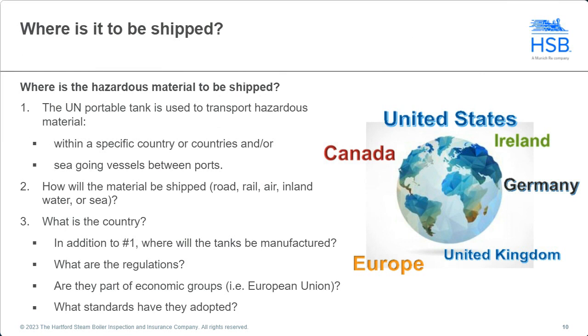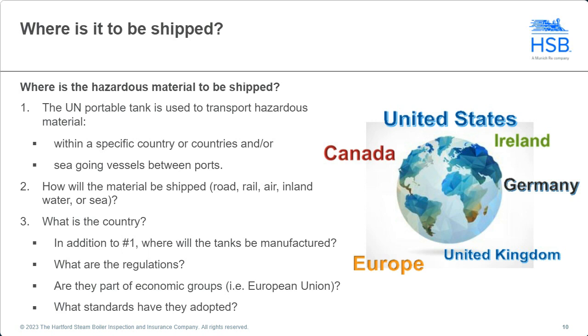Where is it to be shipped? Bullet one: what is the country that we're going to be transporting the material in? For the sake of this presentation, we're using 49 CFR as our example for the country we're going to be using it in. Is it within the country, or are we going to be going by seagoing vessel between ports?